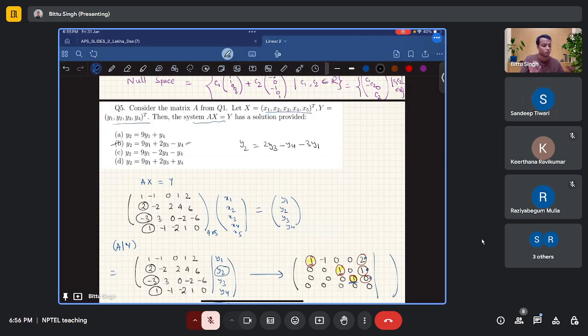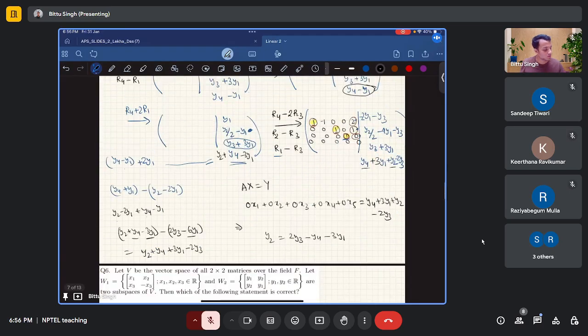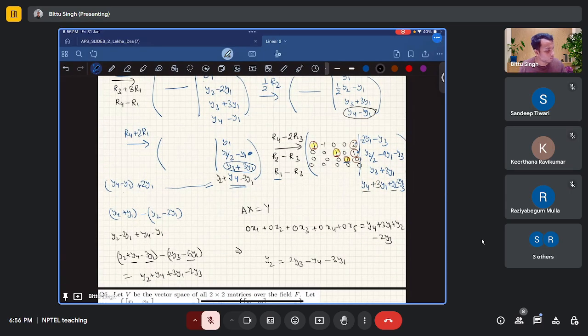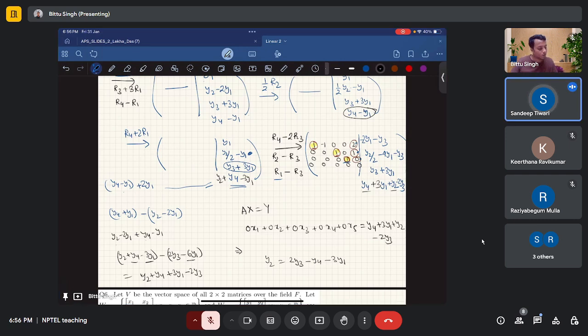If you notice that the left side contains 0 but the right side contains some non-zero things, then this should be 0. Actually this is the same thing. Sorry, it is clear, right? Yes, sir. Okay.